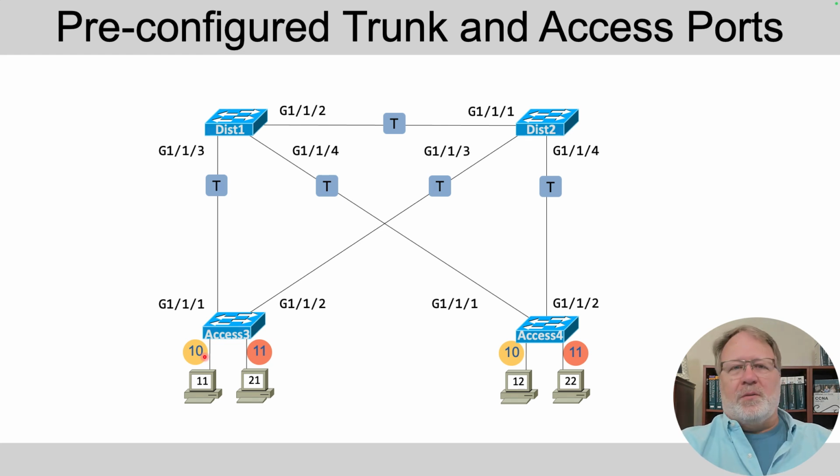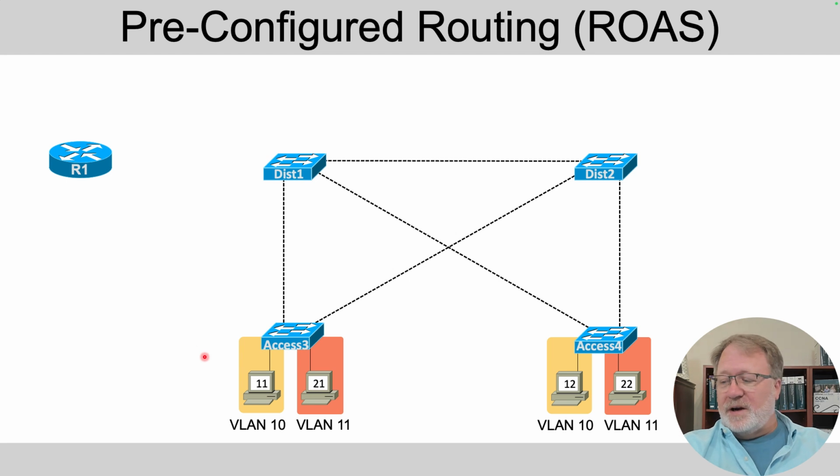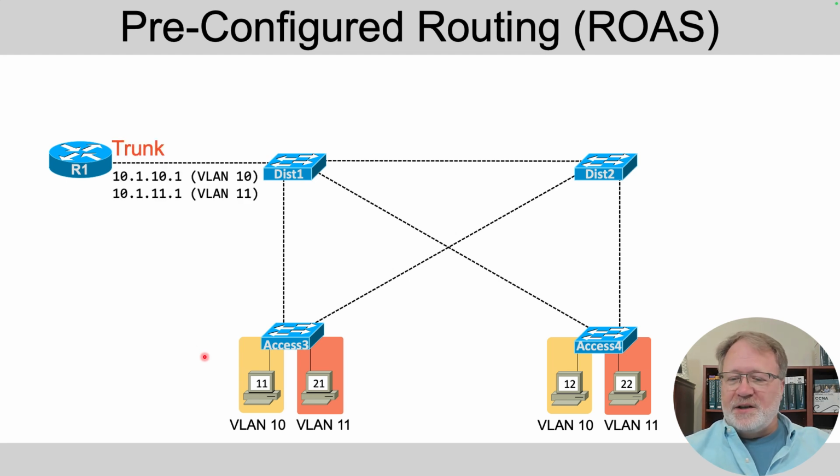Then the trickiest part probably is the routing configuration that comes with this lab. If you're reading the books in sequence, you haven't learned how this works yet. But I felt like it was important for routing to work so that all four PCs could ping each other, even the PCs in different VLANs and therefore in different subnets. So to do that, I used a router on a stick configuration.